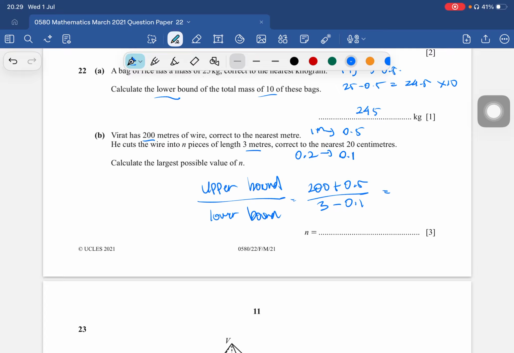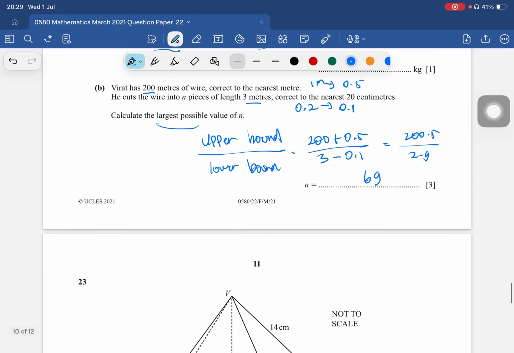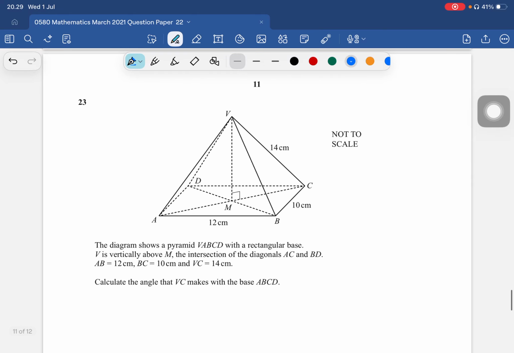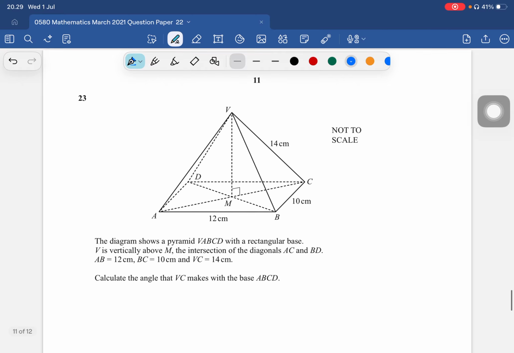So 200.5 divided by 3 minus 0.1, which is 2.9. So 200.5 divided by 2.9 is 69. As this is the largest possible value of n, the pieces, we cannot make it a decimal number. So the answer is 69.